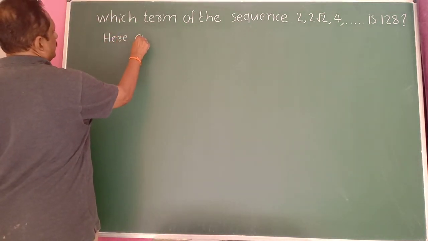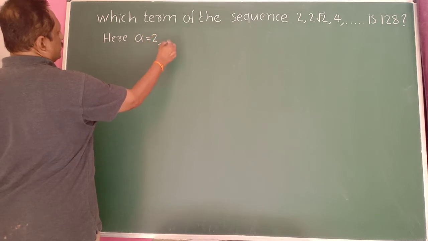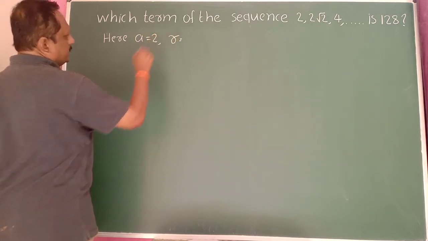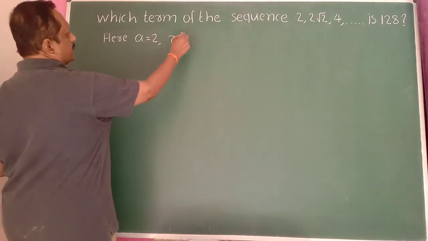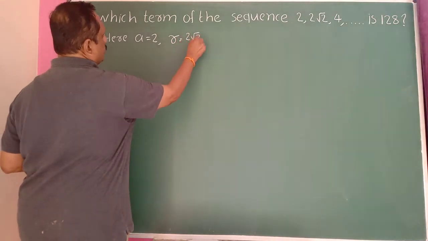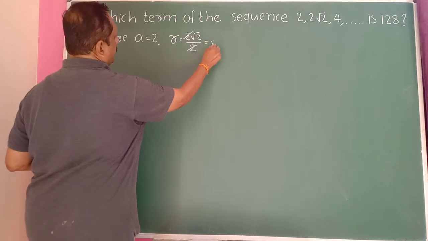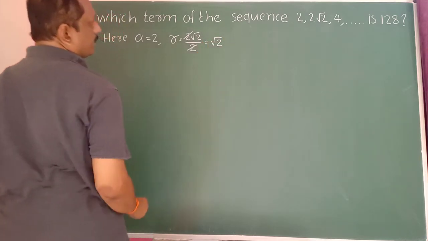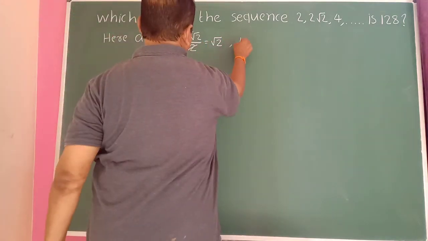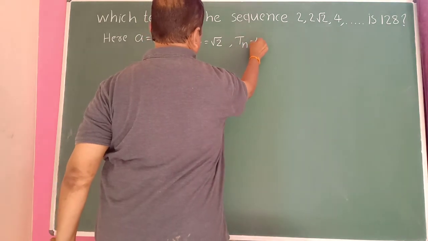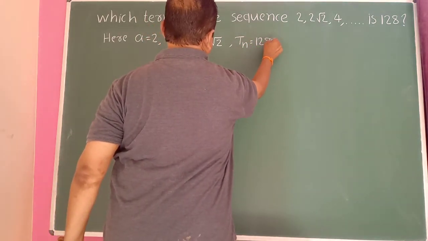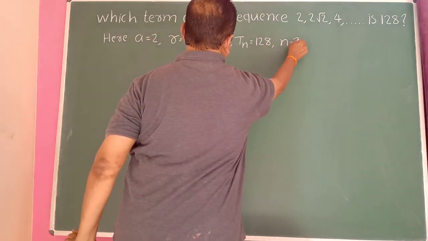Therefore in this case, the first term a is equal to 2, and the common ratio is the second term divided by the first term, 2 root 2 divided by 2. The 2 and 2 cancel, remaining root 2. And Tn, the nth term, they have given as 128. Which term means find the value of n.